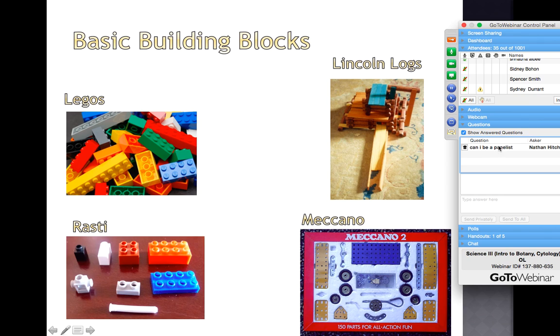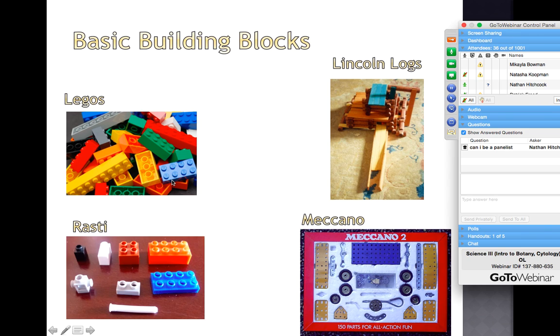In Argentina, I grew up with Rusty and Mecano. They are not originally from Argentina, but they are still very popular down there. The Rusty are very similar to the Legos.